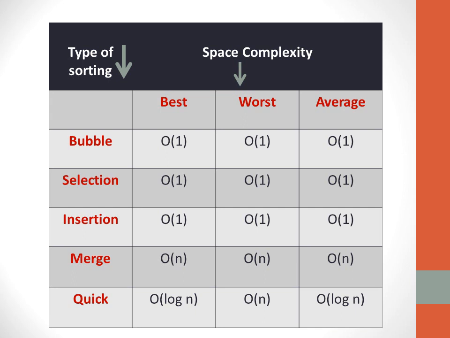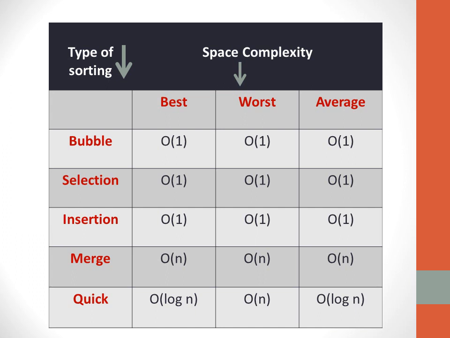Now this is what we can call, when we have seen different searching algorithms, or what we can call the sorting methods. So we found these are the results. If suppose the best case is there, so in the best case your algorithm works for sorting, what will be the space complexity, then for the worst case what should be the complexity, and in the average case what should be the complexity.